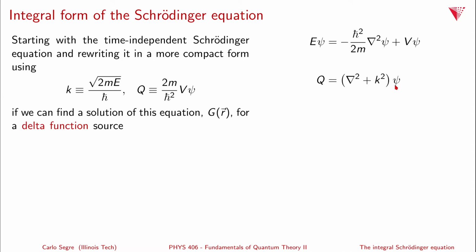If we can find the solution to this equation for a delta function source, which we'll call g of r, instead of a source that looks like Q, which is 2m over h bar squared times V times psi, then the equation looks like this: the three-dimensional Dirac delta function is equal to del squared plus k squared applied to g of r.